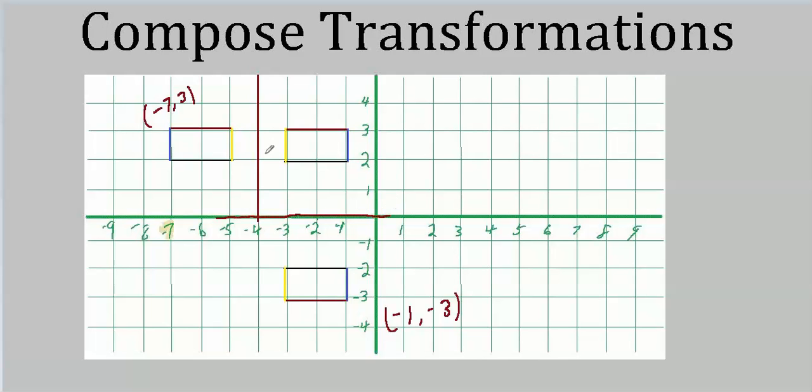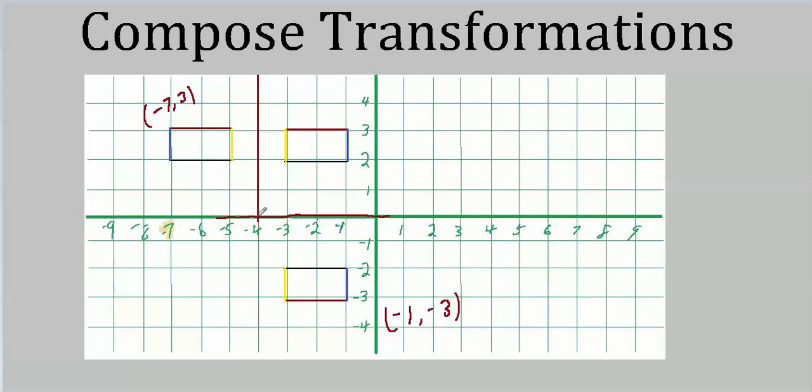And what I'm getting at here is that when we perform these two reflections, our final image is exactly the same as if we had taken this and rotated it about this point here. In this case, it would be 180 degrees.